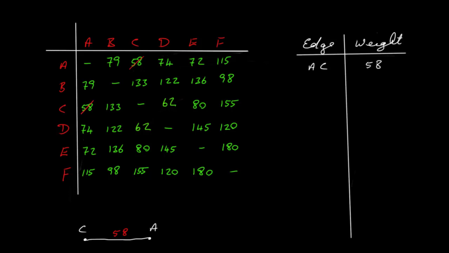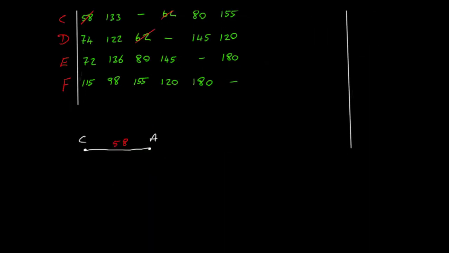So let's just cross those out. 62 here and here, and that's from C to D. So from C to D is 62. So let's draw that one. C to D, 62. I'm going to draw it down here just in case I needed to connect it to something down here as well. CD. So that has a weight of 62.